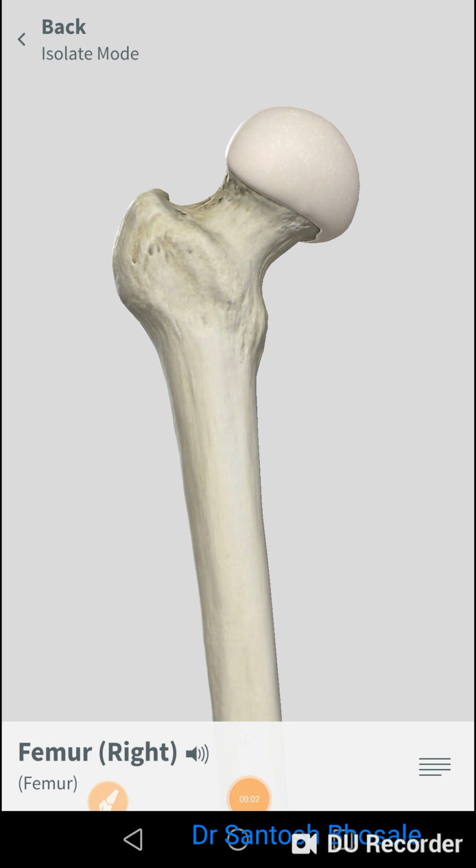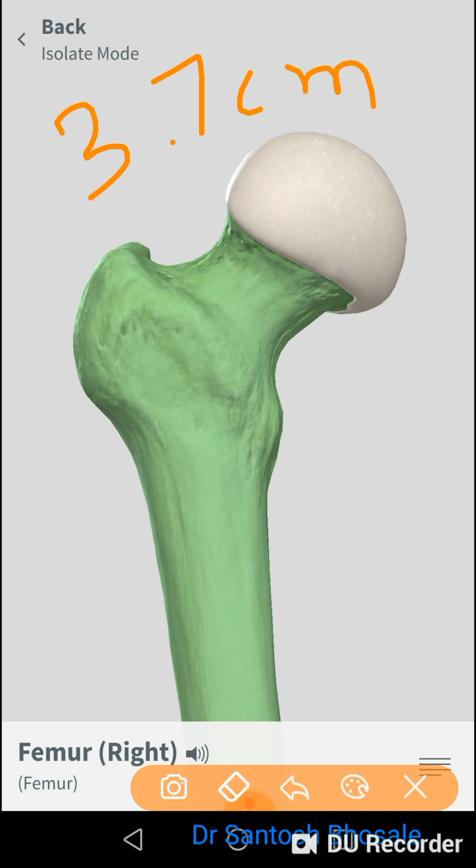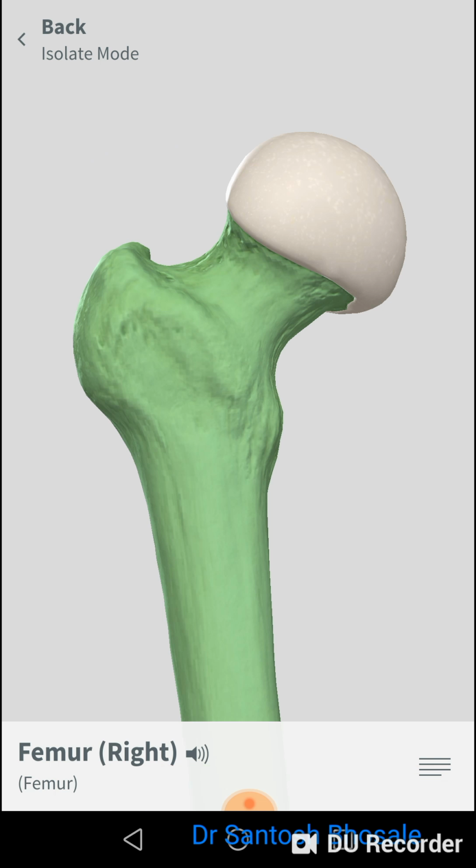Next, coming to the neck of the femur, it connects the head with the shaft and is about 3.7 centimeter long. It presents an upper border and a lower border.